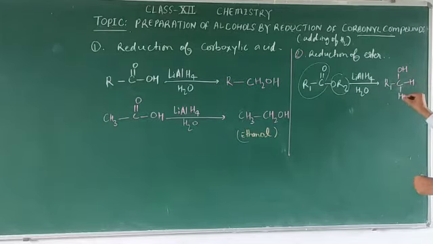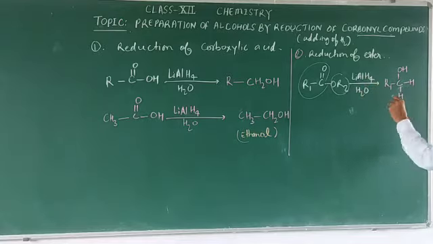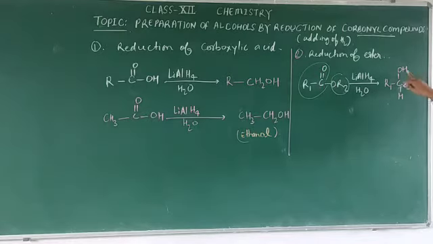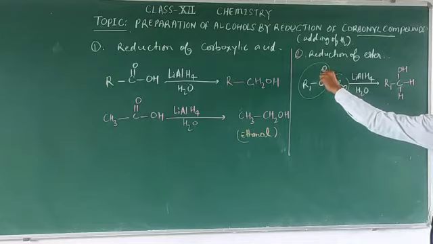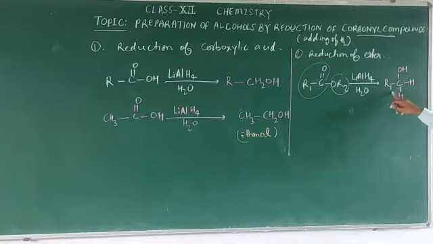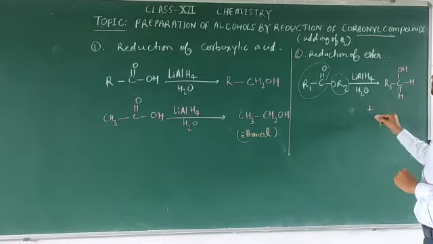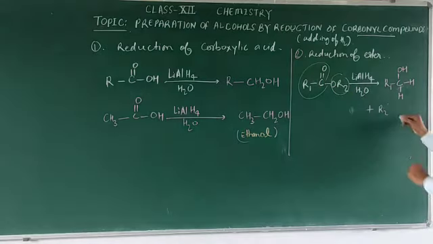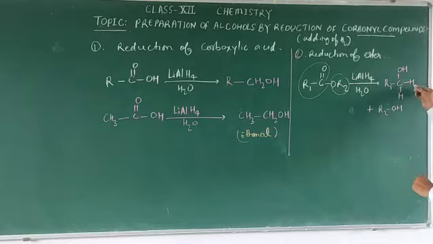Actually we should add two hydrogens here. So we are adding three atoms of hydrogen here. So 1, 2 and 3. Okay, and breaking the double bond which is between the carbon and oxygen. So we'll get R1CH2OH. Okay, the first one, and second one we get here R2, and after adding one hydrogen here we get R2OH. So both of these compounds are alcohols.